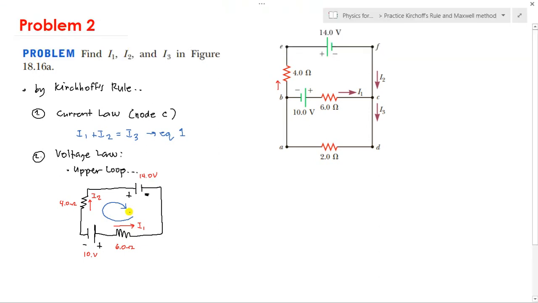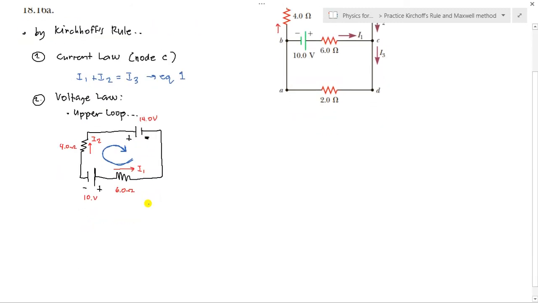For the battery, we follow the direction I assumed, the blue one, as the assumed direction.